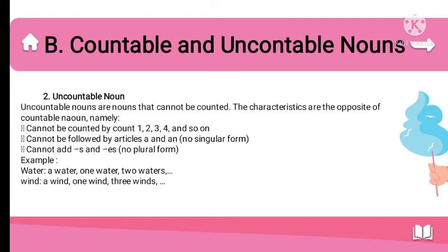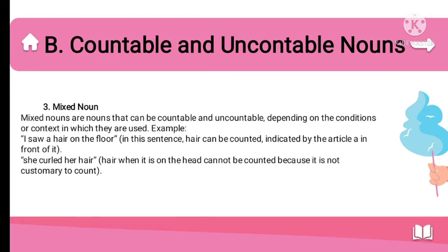Example, a glass of milk, 2 glasses of milk. Number 3, mixed noun. Mixed nouns are nouns that can be countable and uncountable, depending on the condition or context in which they are used.